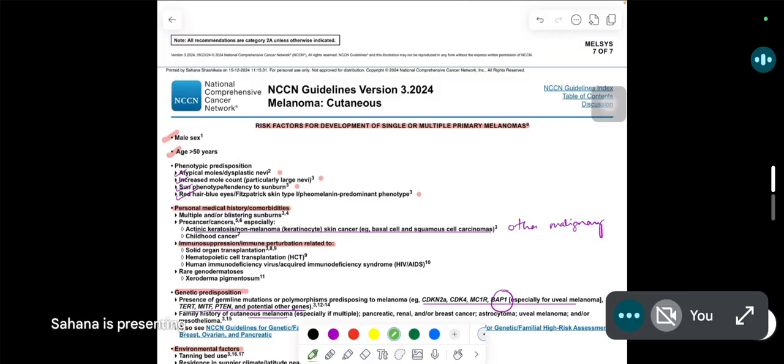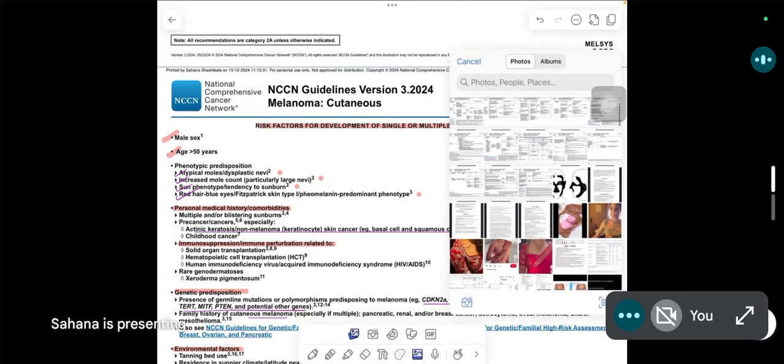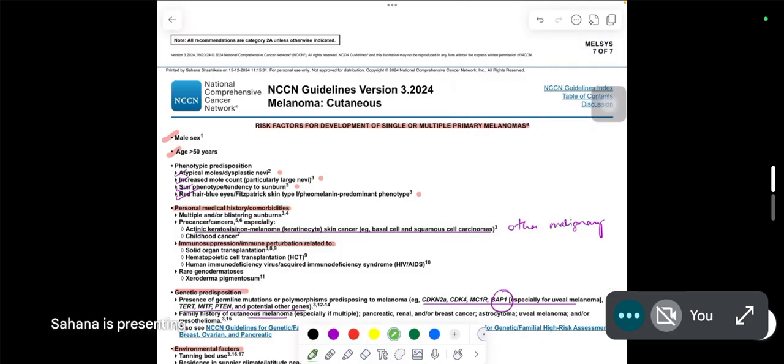So atypical moles or dysplastic nevus, increased mole count, Fitzpatrick skin type, those who have light skin, blue eyes, and red hair, sun exposed people who are in the tropicals.